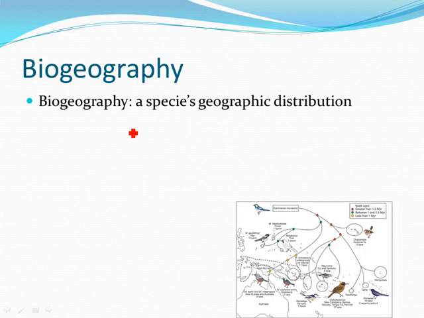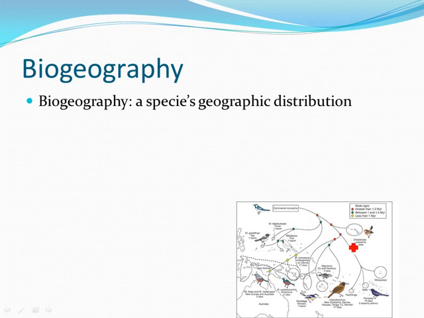Biogeography is another type of evidence for evolution, and we use this to find a species' geographical distribution within not only the geography, but also within time as well. An example is this bird here. At some point in time, this ancestral bird was from this area within the Pacific Ocean, and as later generations occur, they turn into different species.